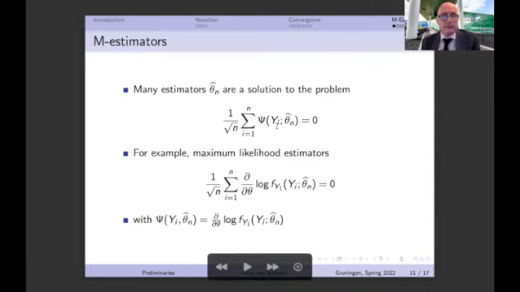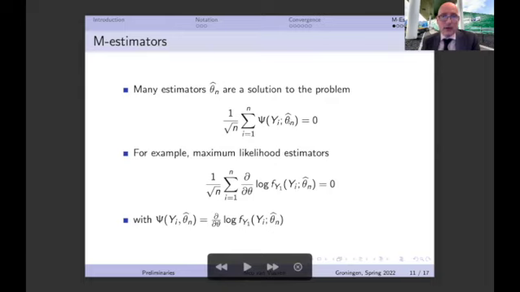Well, as I already said, many estimators in econometrics actually look like this estimator that we have over here. For example, the maximum likelihood estimator is a special case of this, because what we do in the maximum likelihood estimator is that we maximize the likelihood function. And that's of course nothing else than setting the first order derivatives of the likelihood function equal to 0.